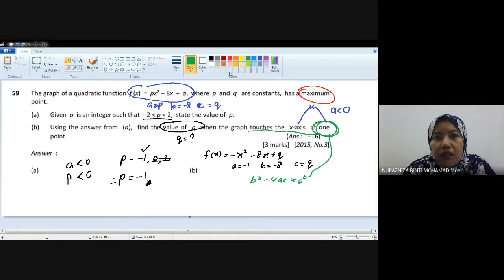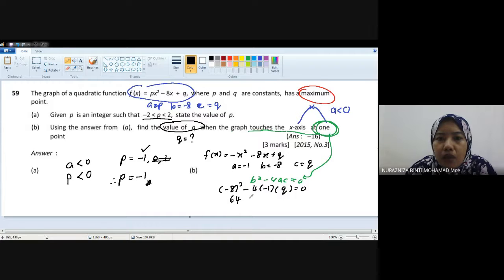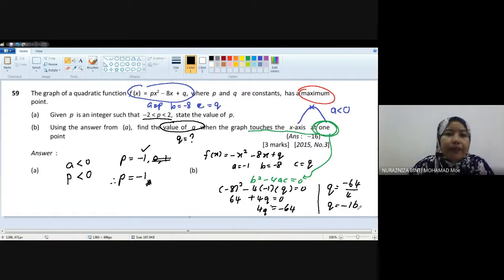Okay, so we substitute the values: negative 8 square minus 4 times negative 1 times q equals 0. So negative 8 square is 64 plus 4q equal to 0. So 4q is equal to negative 64. So therefore q is equal to negative 64 divided by 4. So q is equal to negative 16.